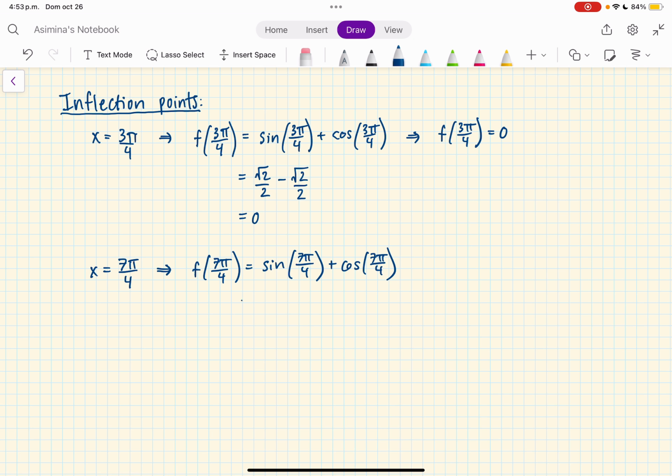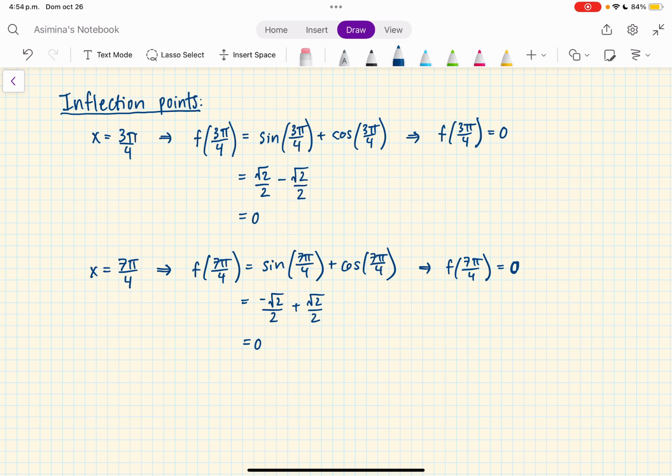Well, at 7 pi over 4, we have that sine is minus root 2 over 2, and cosine is root 2 over 2. So this is also 0. So f of 7 pi over 4 equals 0 is the other inflection point.